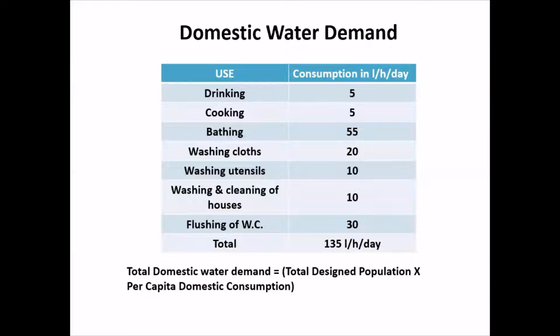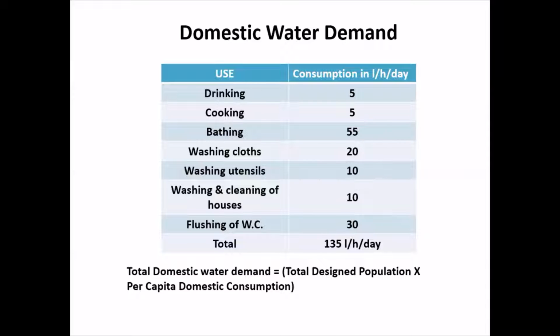In an Indian town or city, domestic consumption of water under normal conditions is taken as 135 liters per day per capita as per IS 1172-1971. In developed countries, water demand is very high due to their advanced lifestyle.